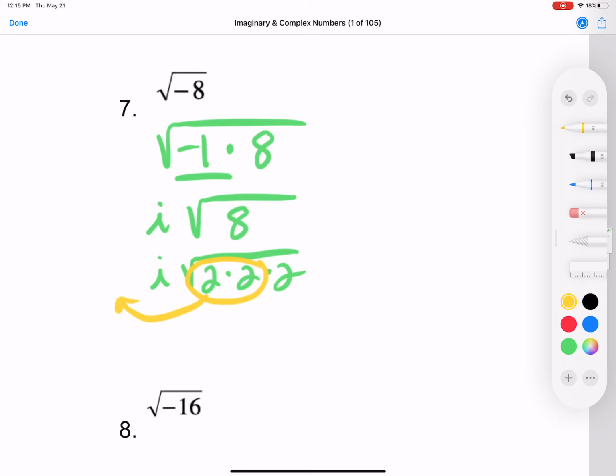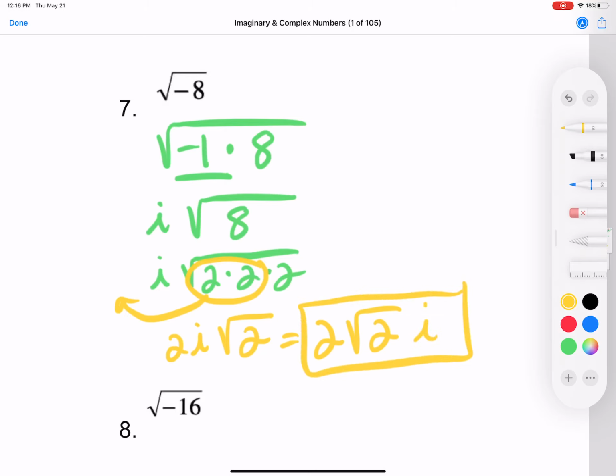Make sure you put your numbers in front of your imaginary numbers. So this is 2i radical 2. You can also write this as radical 2 with the 2 in front and then your imaginary number at the end. This is actually the preferred way to write it. So your coefficient, if you have anything that you're able to take out, your radical, and then your imaginary number goes at the end.